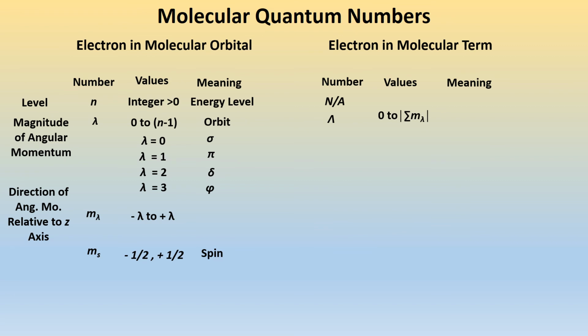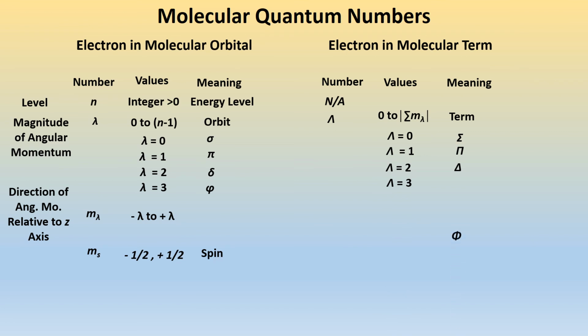And this defines, as I said, the term of the molecule, where a capital lambda of 0 provides a sigma state, where a capital sigma is the equivalent of a capital S. A capital lambda of 1 provides a pi term. A capital lambda of 2 gives a capital delta term. A lambda value of 3 gives rise to a capital phi term.